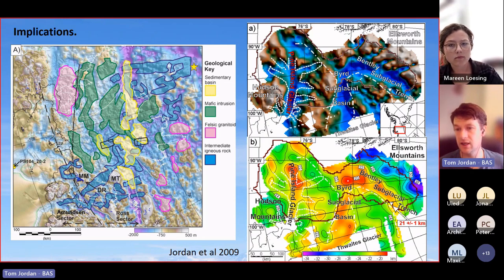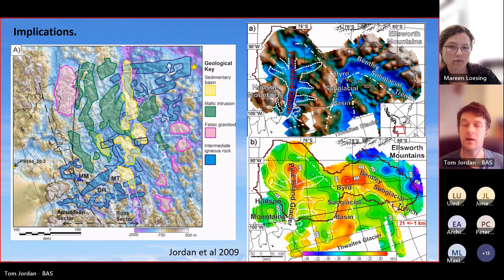You could see that under the Bentley subglacial trench and Pine Island Glacier, you have really thin crust, thinnest about 19 to 20 kilometers thick. And using this amount of thinning compared to the 35 kilometers up in the Ellsworth Mountains, we could calculate what the heat flux would be because we knew how much rifting had happened.